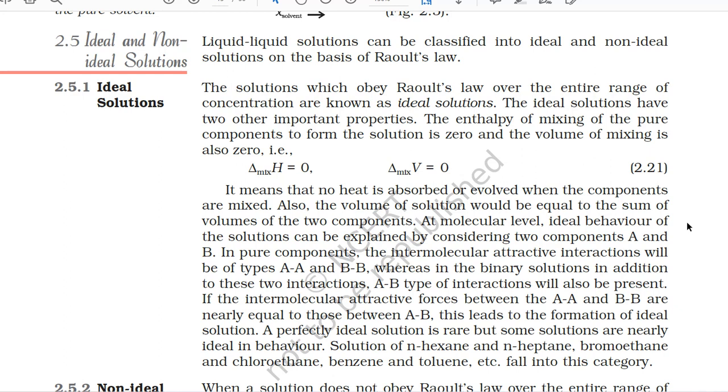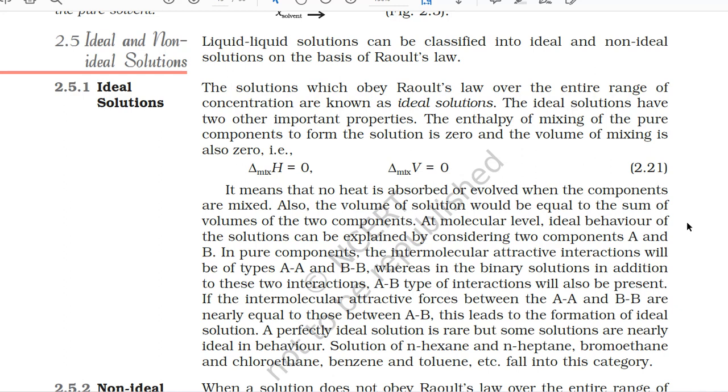At molecular level, ideal behavior of the solutions can be explained by considering two components A and B. In pure components, the intermolecular attractive interactions will be of types AA and BB. Whereas in the binary solutions, in addition to this, AB type of interactions will also be present.